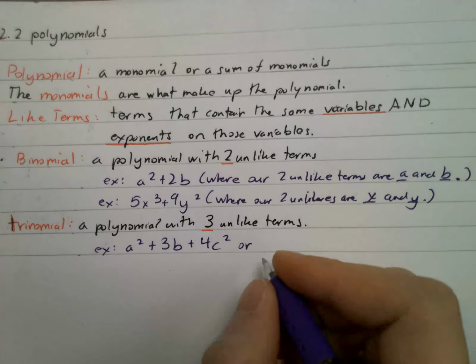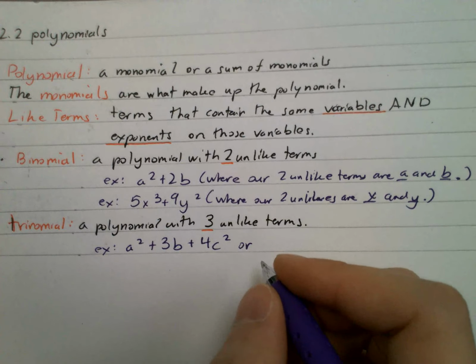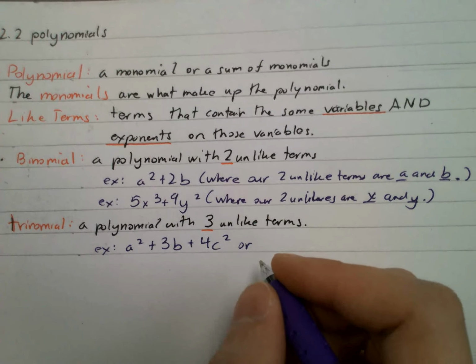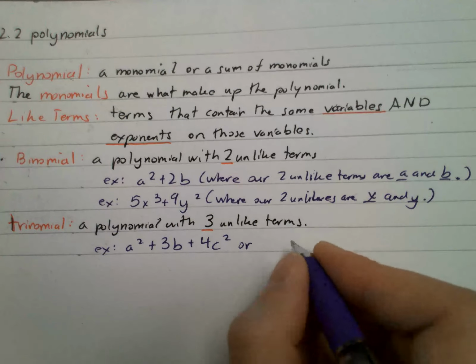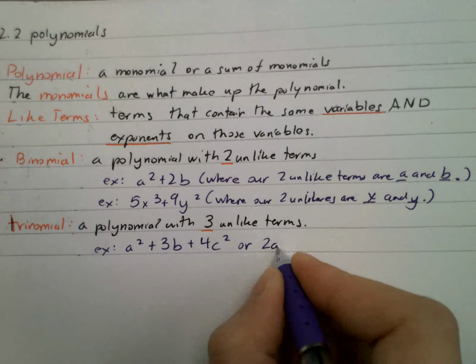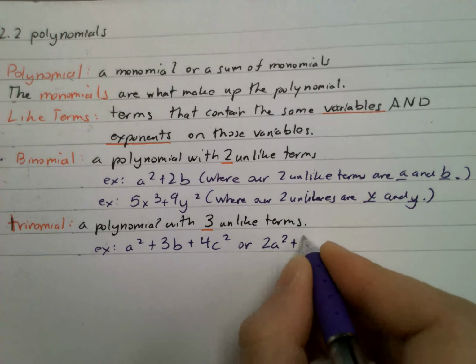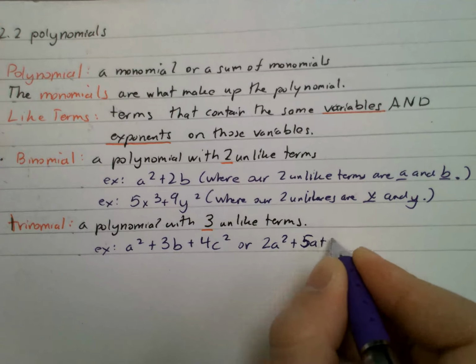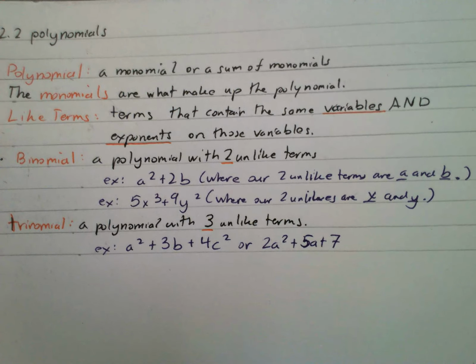Or another example, because you don't even need to actually have three variables in there, or three letters, basically. You could also have 2a squared plus 5a plus 7. Now, notice something here.